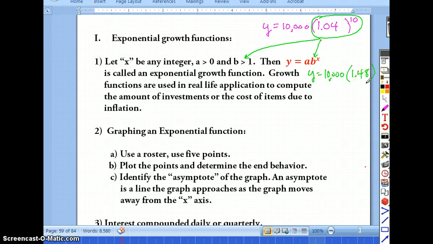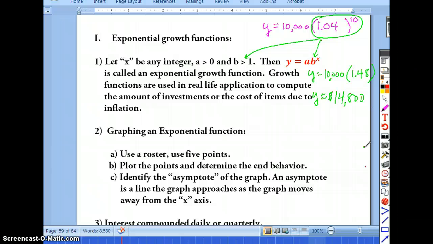And then when you multiply that times 10,000, you end up with approximately $14,800. And so if you were to invest $10,000 for 10 years, just let it sit in the bank, at 4% interest, you'd have almost $15,000 saved.